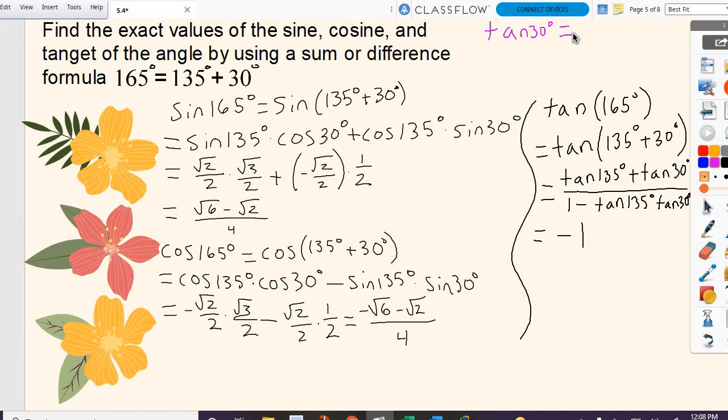Well, what is sine of 30 degrees? 1/2. And then cosine is square root of 3 over 2. So we flip, and we get 1 over the square root of 3, which is also square root of 3 over 3.